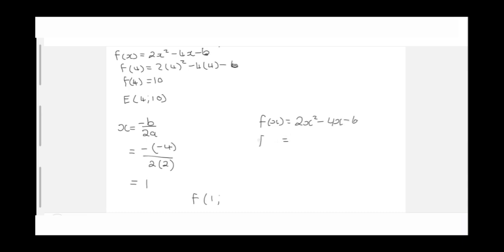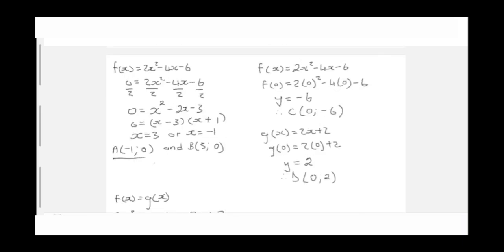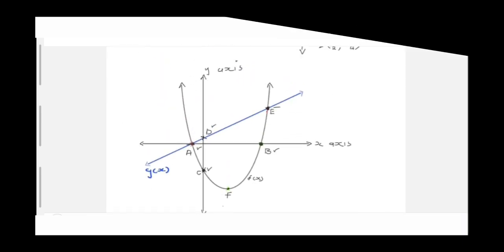Then we substitute 1. It's going to be f of 1, 2 into 1 squared minus 4 into 1 minus 6. And then we're going to end up having -8. So F is 1 and -8. So there, we just solved for all these coordinates A, B, C, D.